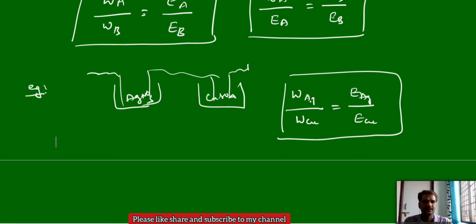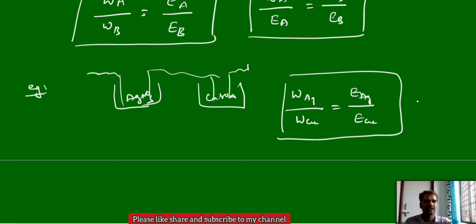If you know the weight of silver, you can calculate the weight of the copper deposited. By knowing one substance's information, we can calculate the other substance's information.